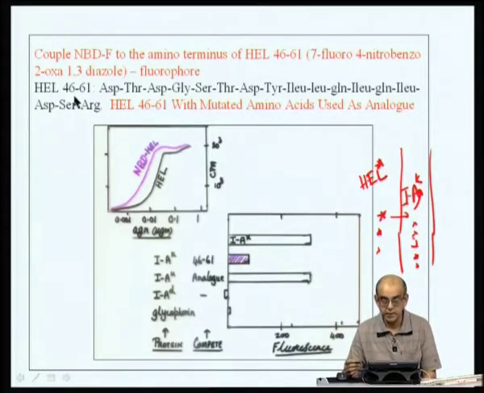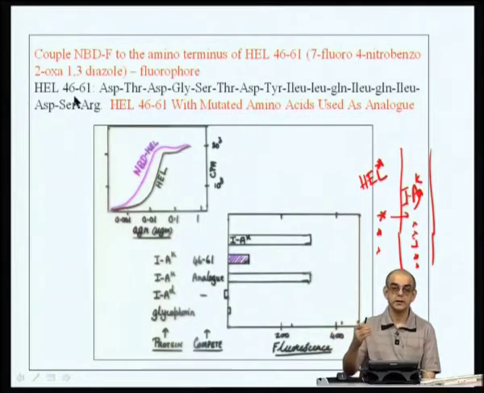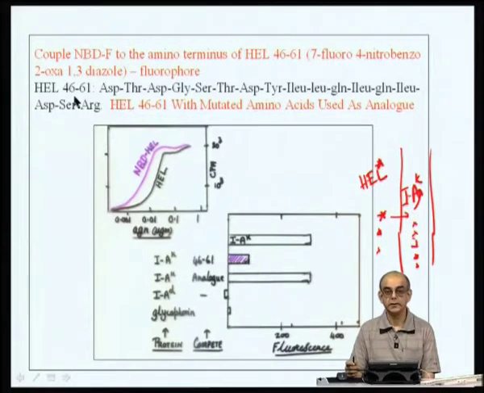So, these were some of the experiments that were done in order to demonstrate the binding by purified class 2 molecules, that they actually would bind to the ligand that they were specific to.